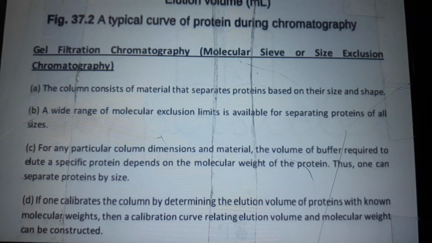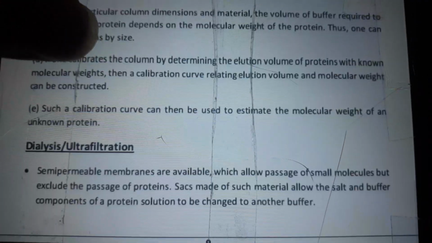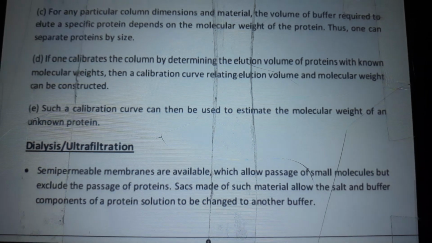Now the column consists of material that separates proteins based on their size and shape. A wide range of molecular exclusion limits is available for separating proteins of all sizes. For any particular column dimension and material, the volume of buffer required to elute a specific protein depends on the molecular weight of the protein, thus one can separate proteins by size.